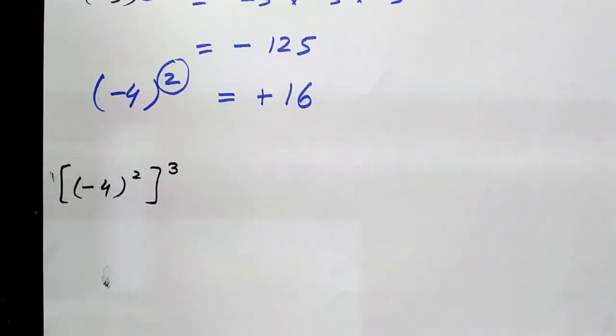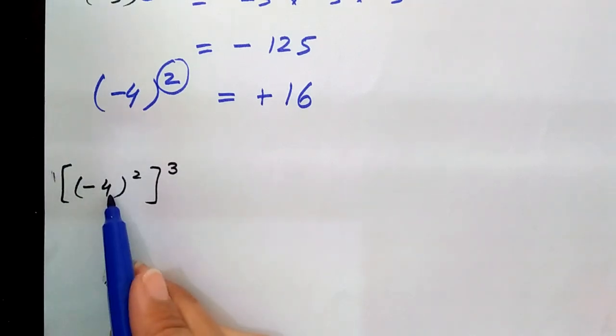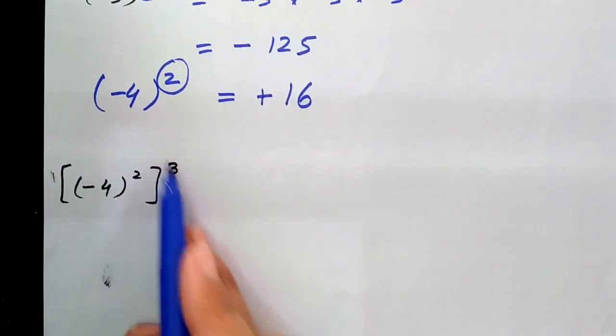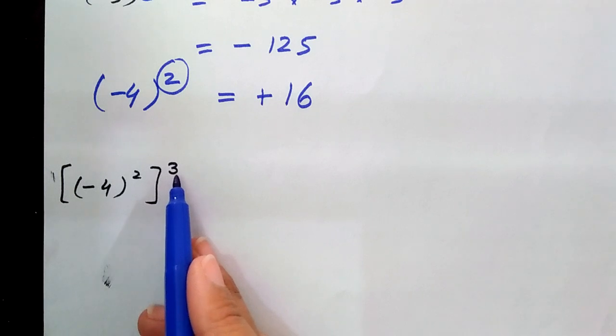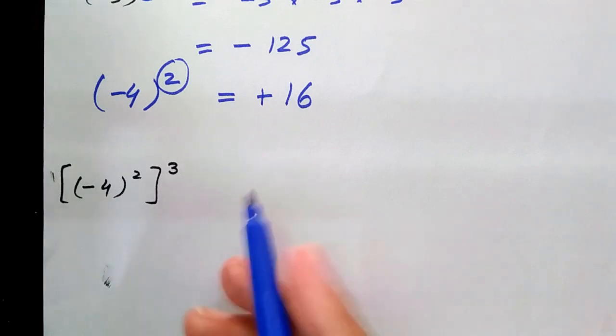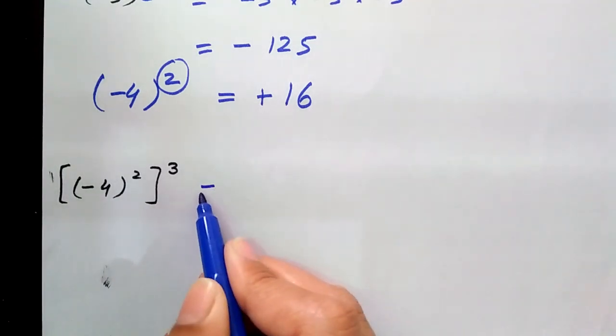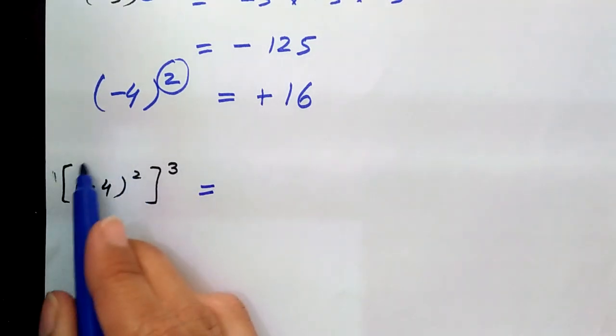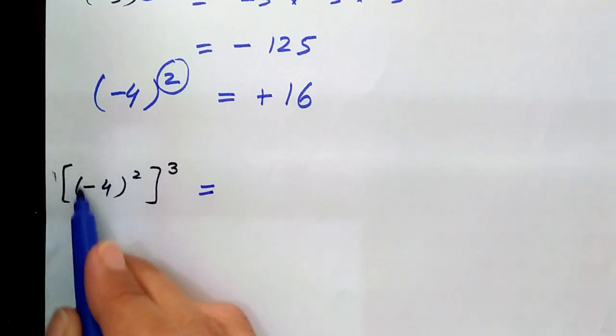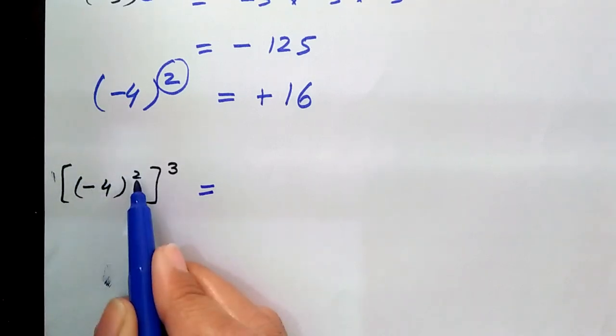Now come to the next example. Negative of 4 raised to power 2, whole raised to power 3. It can be solved in two ways. Number one, I will solve the internal bracket first.